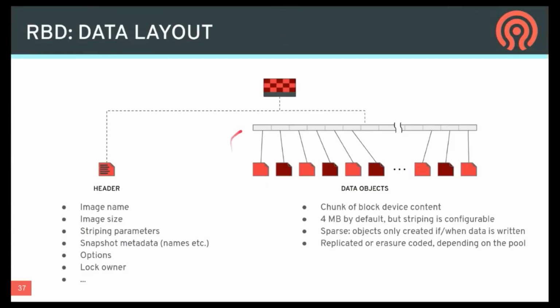It's not until you actually start writing to a location in this block device that it instantiates this object and writes some data into it. And in fact, these objects themselves are also stored in a sparse fashion. So if you write 4K in the middle of a 4 meg object, it still only consumes 4K of storage. And these objects can get dumped in any RADOS pool. So it can be a replicated pool or an erasure coded pool, depending on what your durability and performance requirements are.